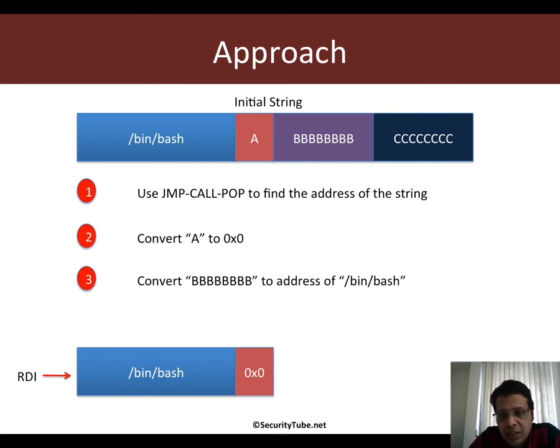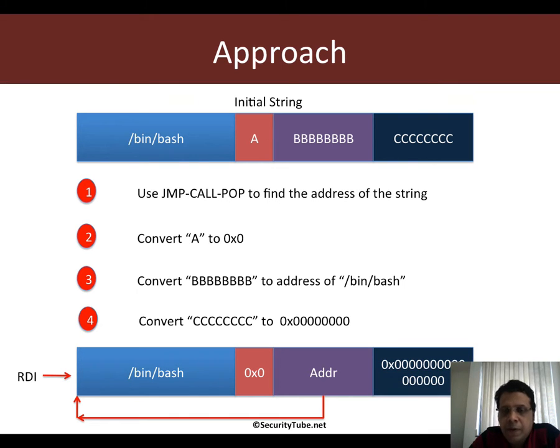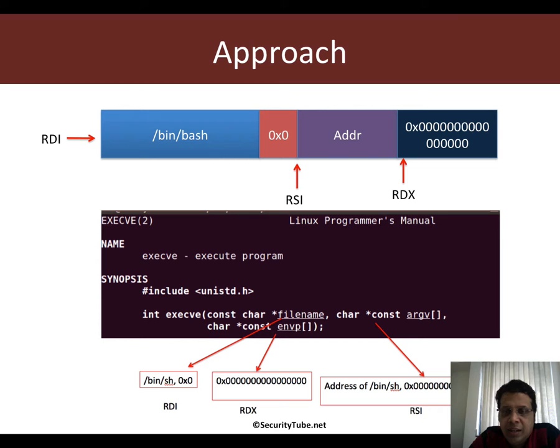The third step is to convert these all B's into the address of bin bash in memory. And finally, the last step is to convert the 8 C's into another null, or all zeros. Once this is done, we have our inputs for the syscall setup.